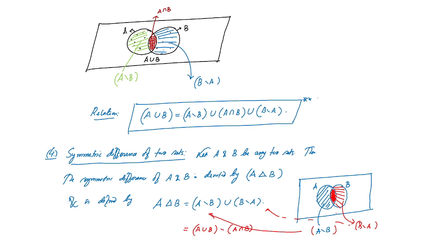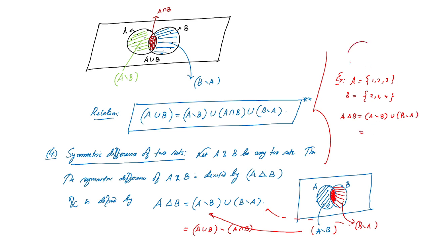So if we calculate the symmetric difference, here I will give you one example. One example for symmetric difference. So A is again 1, 2, 3 and B is say 2, 3, 4. So obviously A symmetric difference B will be A minus B union B minus A. A minus B, that means if you draw the diagram, this is your 2, 3, here 1, here 4, this is A, this is B. This is the diagram.